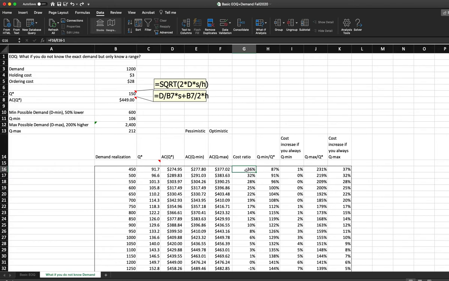Right off the bat, you can see that this is relatively insensitive, because demand has varied quite a bit and the cost ratio is only 36%. But I'm not done yet.